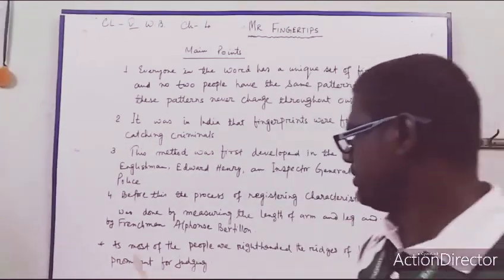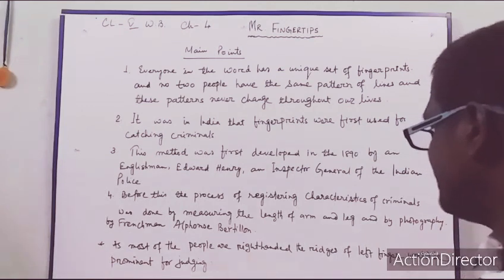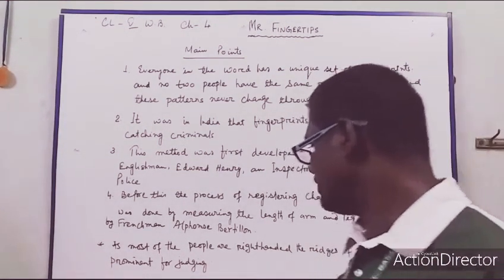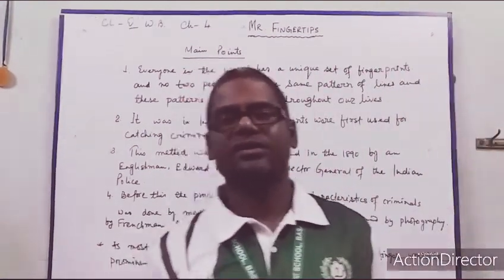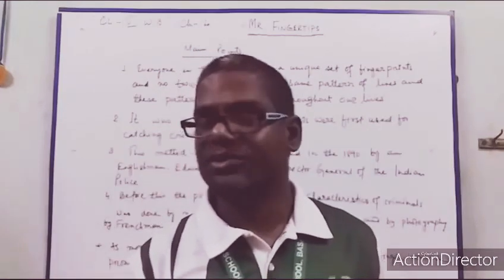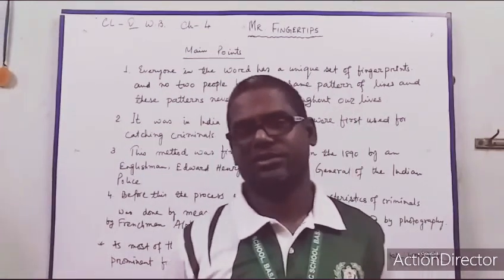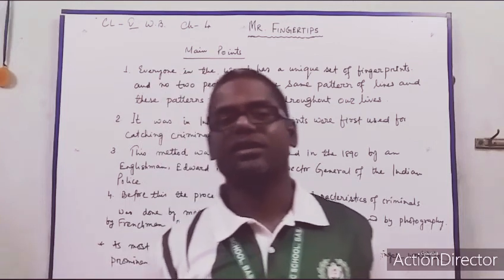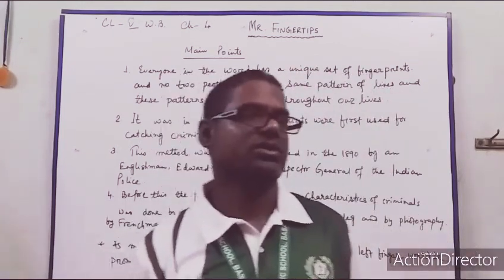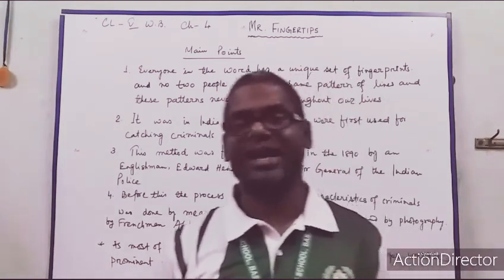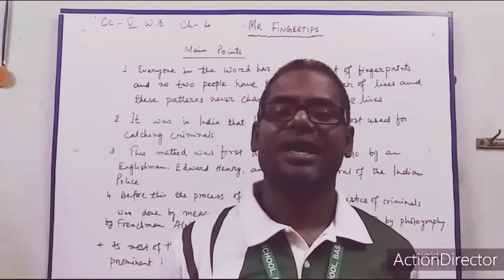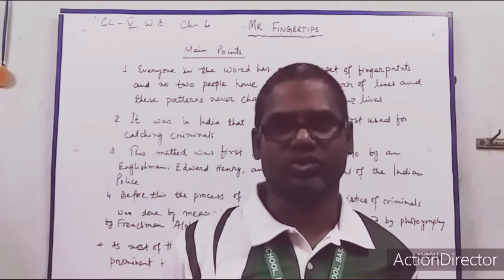The last point. As most people are right-handed, the ridges of the left finger would be more prominent for judging. Fingerprints are taken from the criminals of which hand? You know? Of the left hand. Fingerprints are always taken from the left hand thumb. Why? Because most of the people of the world are right-handed. They do most of the work through their right hand, and their right hand ridges are worn out.